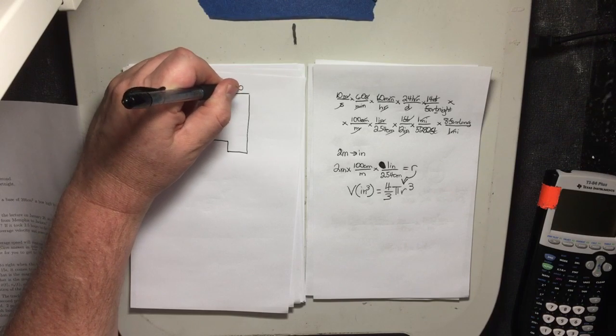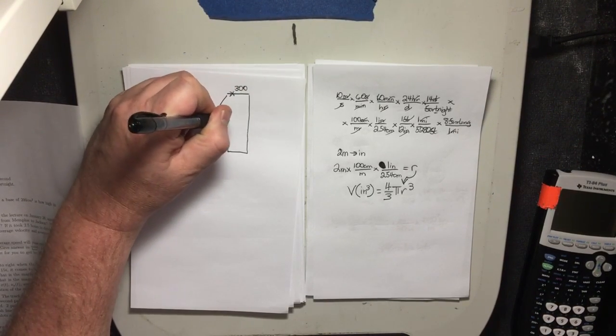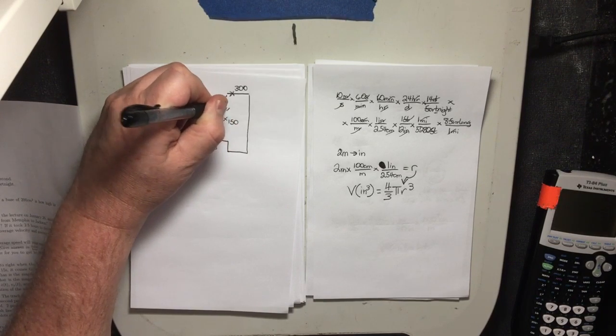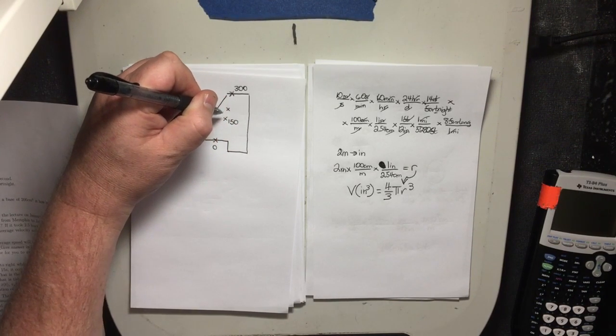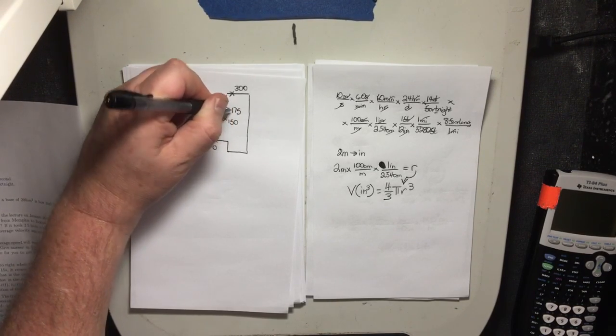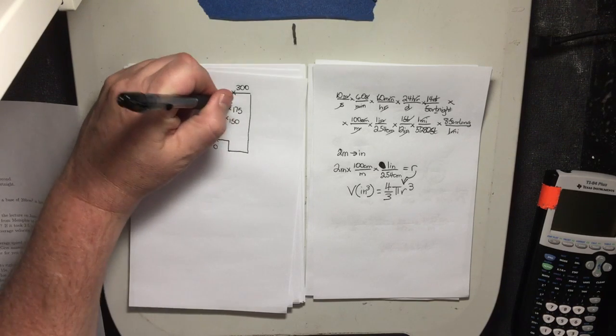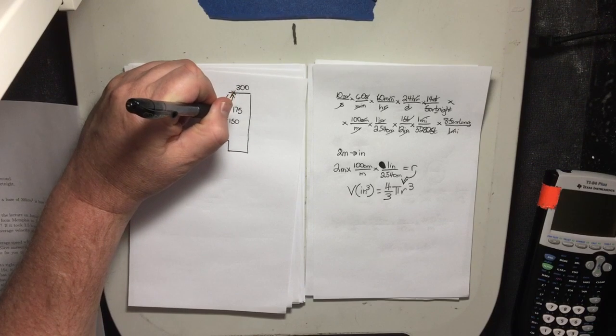Memphis is 300. State line is 0. Jackson is 150. I believe in lecture I said Oxford was 175. If you use 175, that's great. If you use 225, which was used in earlier versions of this map, that works too, but we'll use 175.